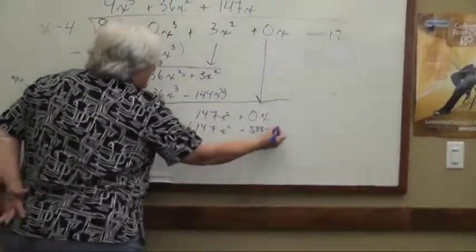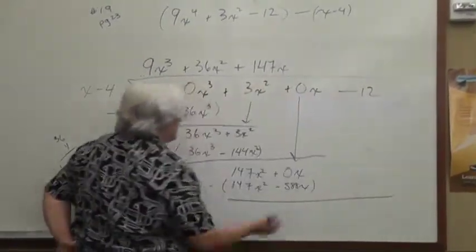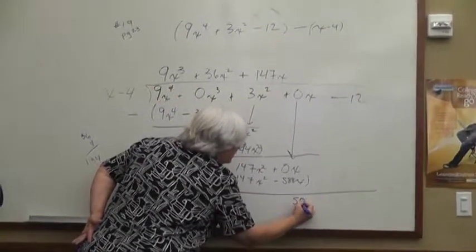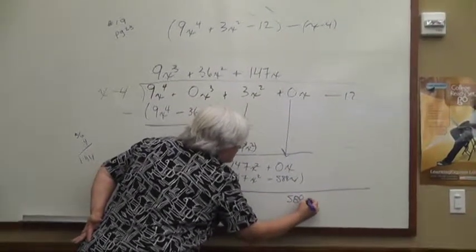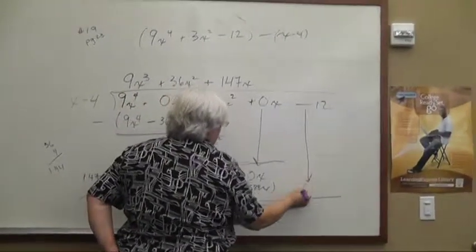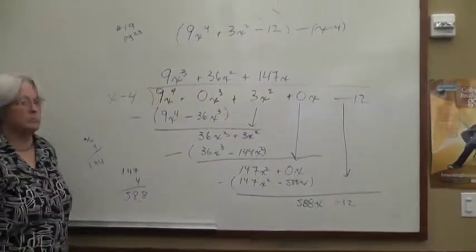Now we're going to subtract this. 0 minus a negative 588x. Bring down minus 12. This is rather a lengthy, nasty old problem, isn't it?